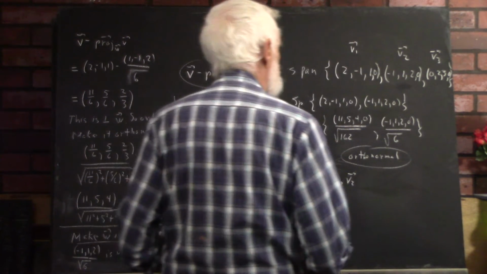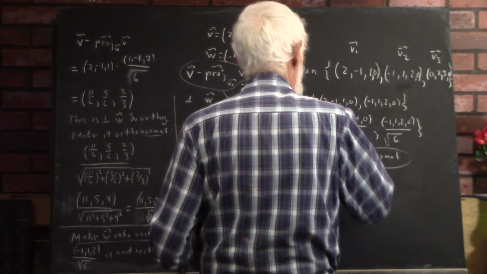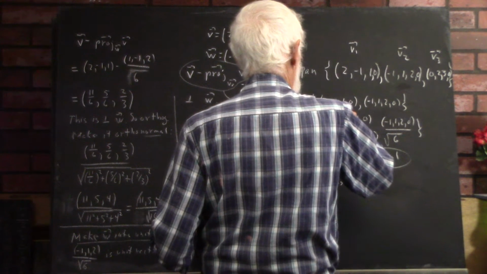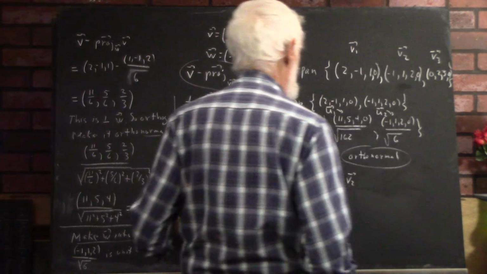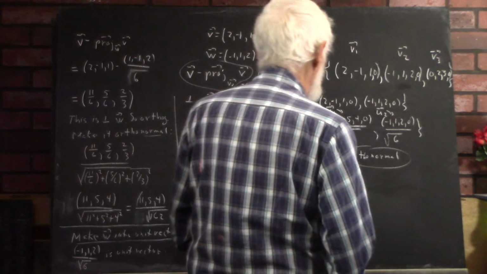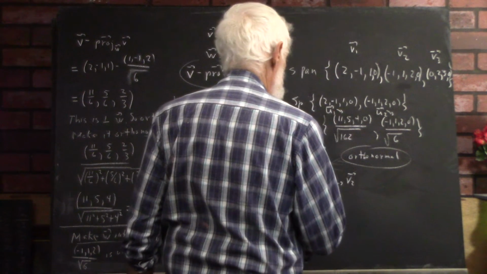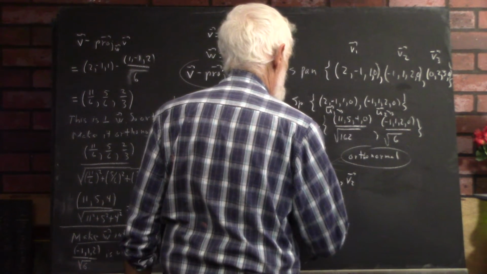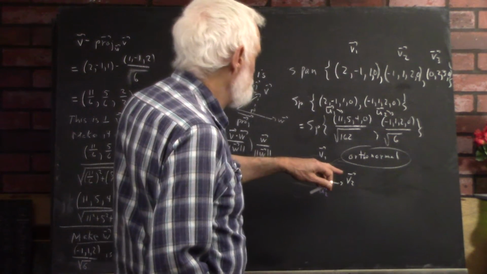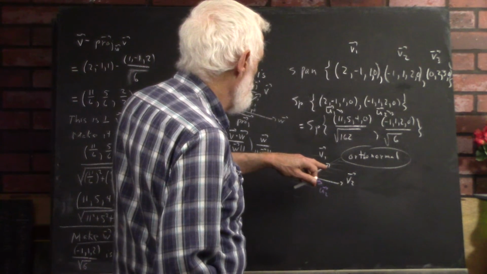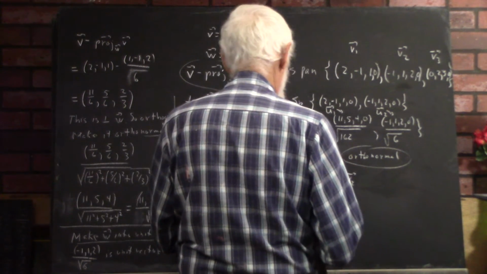I'm going to call this vector, didn't leave myself a lot of room, u1 and u2. u2 is just this vector divided by its magnitude. And u1 is v1 minus its projection on v2.